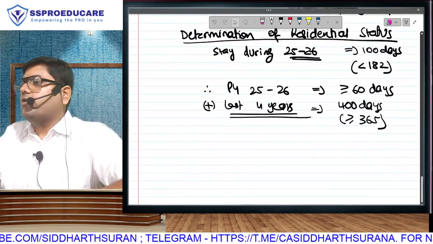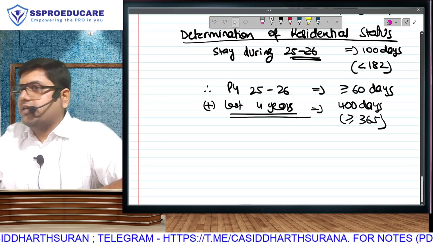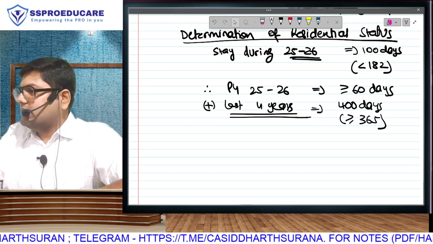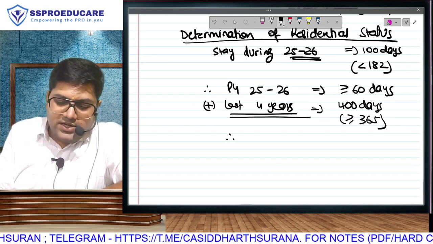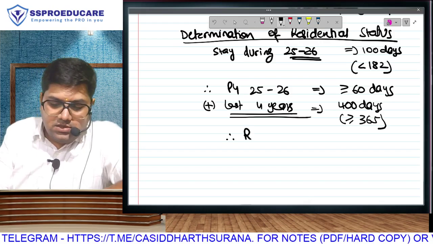So while he is not fulfilling condition 1, is he fulfilling the second condition, 60 days in the current year and 365 days in the last 4 years? By the way, we don't have to fulfill all the conditions. Therefore, he is a resident.